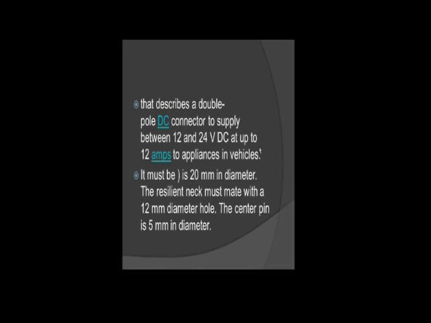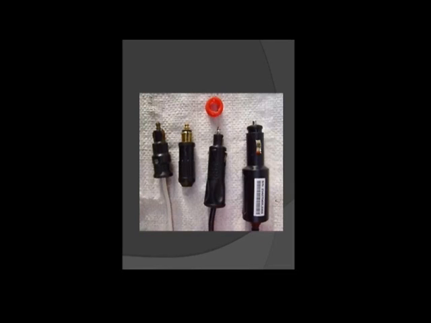The standard describes a double pole DC connector to supply between 12 and 24 V DC at up to 12 amps. It must be 20 mm in diameter. The resilient neck must mate with a 12 mm diameter hole. The center pin is 5 mm in diameter. And here is the example.